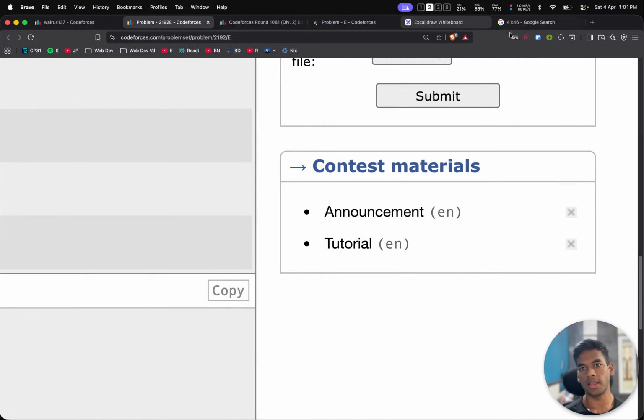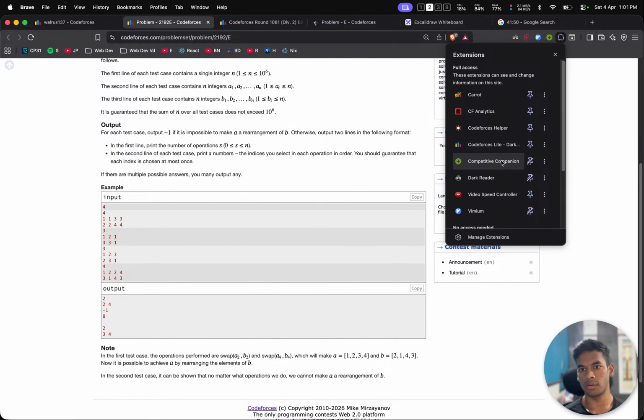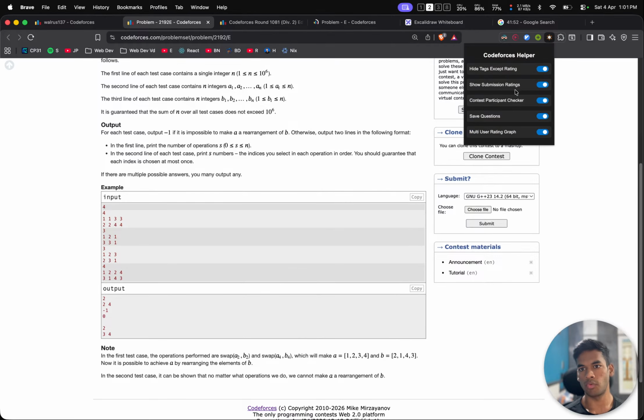Also I am using the Codeforces helper, which shows ratings, multi-user rating graph, save questions, contest participation checker.